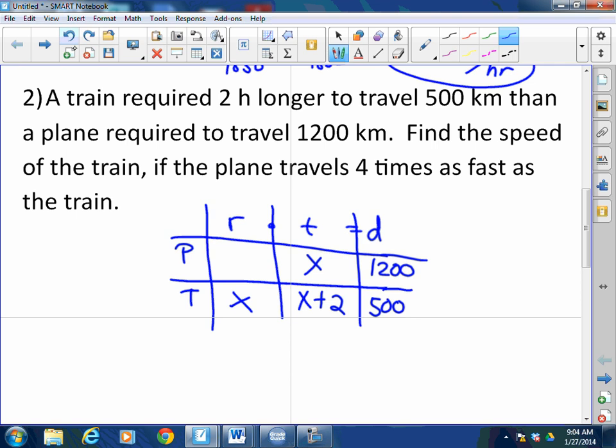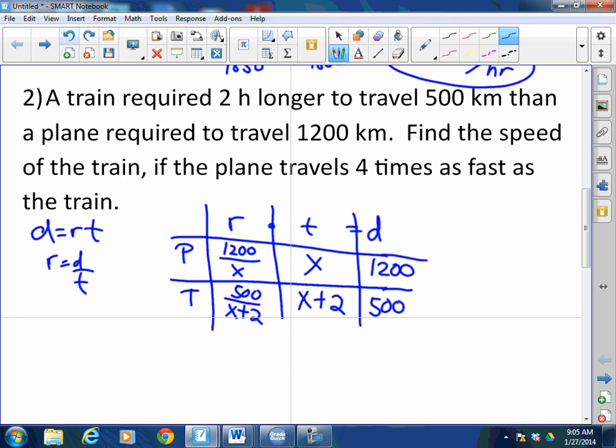So let's remember the basics. Distance equals rate times time. So that means that rate equals distance divided by time. So the rate of the plane was the distance divided by time. Time is x. And the rate of the train is the distance 500 divided by its time.